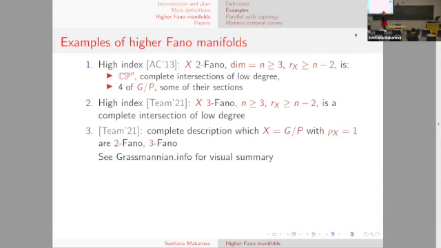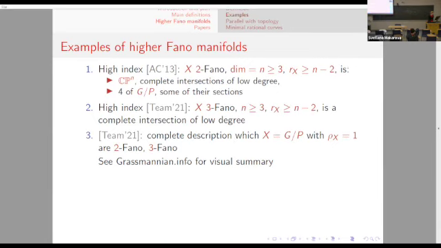Also, we provided a complete description of which rational homogeneous spaces of Picard rank 1 satisfy the 2-Fano or 3-Fano properties. And we can look online for a visual summary of our results because writing it out on a slide would look messy.